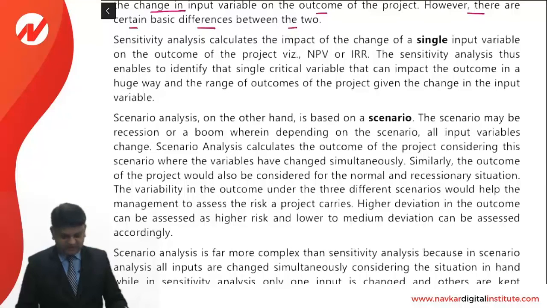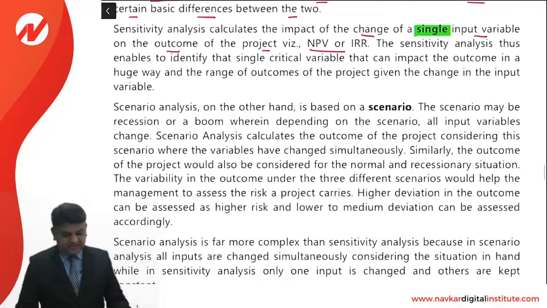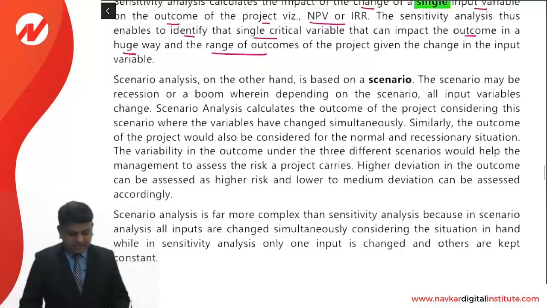Sensitivity analysis calculates the impact of the change of a single, that is only one, input variable on the outcome of the project, namely NPV or IRR. The sensitivity analysis thus enables identifying the single critical variable that can impact the outcome in a huge way, and the range of the outcomes of the project given the change in the input variable.